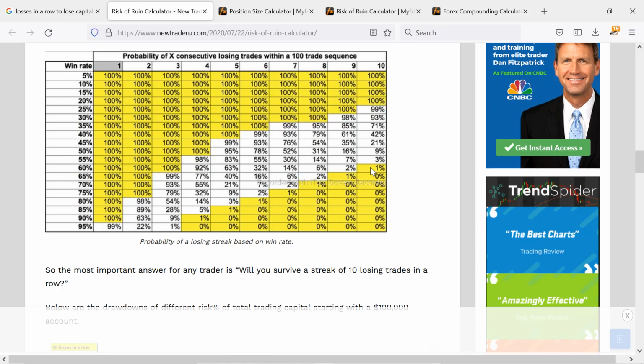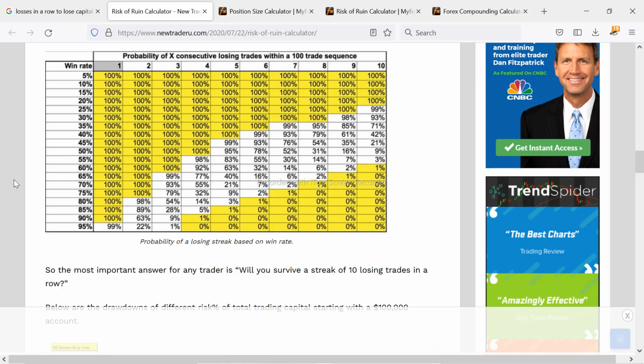In all the time that I've been trading, I only saw one person have 10 losses in a row, and it wasn't me. It was somebody I was watching. That's the only time I have ever seen that.